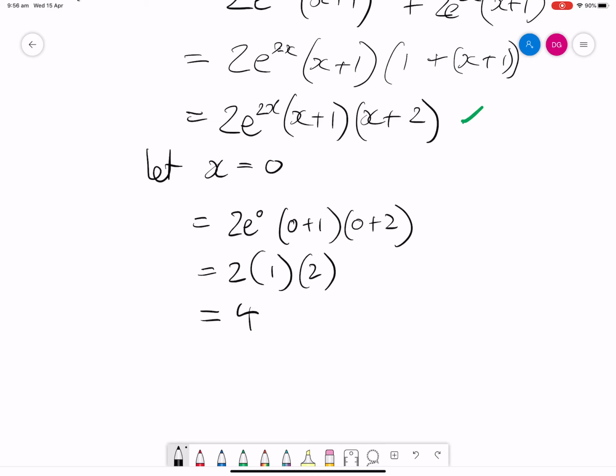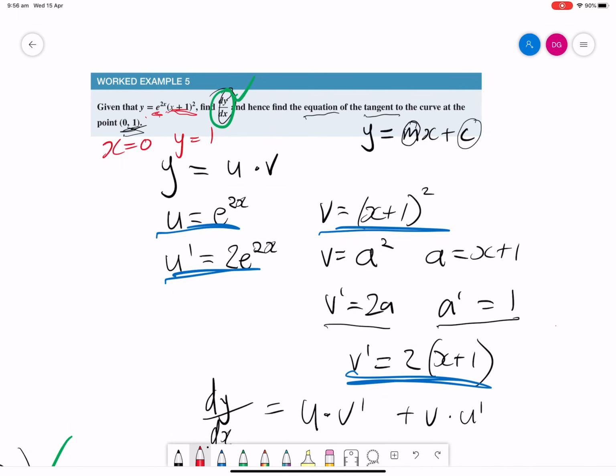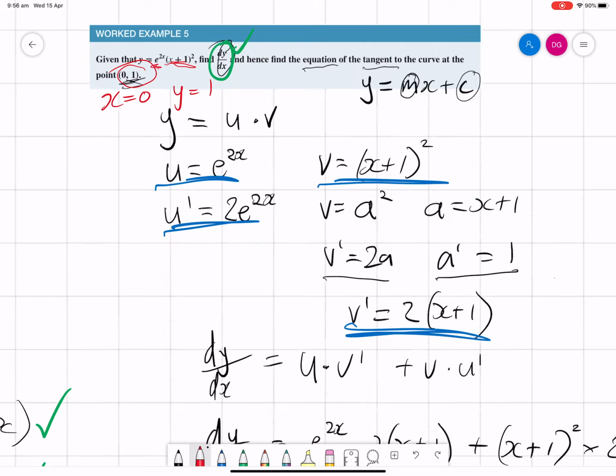So therefore, now I know that the equation of my tangent is y equals 4x plus c, okay? So the next thing we need to do is work out what this c value is. Now, when we're finding c with a linear equation, we need to know a point that exists on that line, okay? We know a point that exists on that line. It's 0, 1.